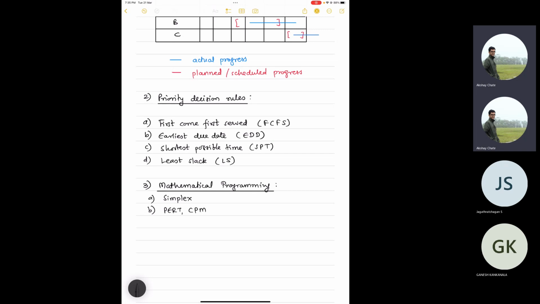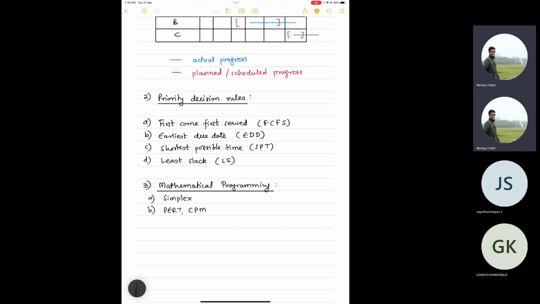You can use them, but it is very complicated, so you need the help of programming tools, and there are different methods, like Simplex and CPM. These are not in the course of this content, but you should know that this is not the end of it. There are many other things.